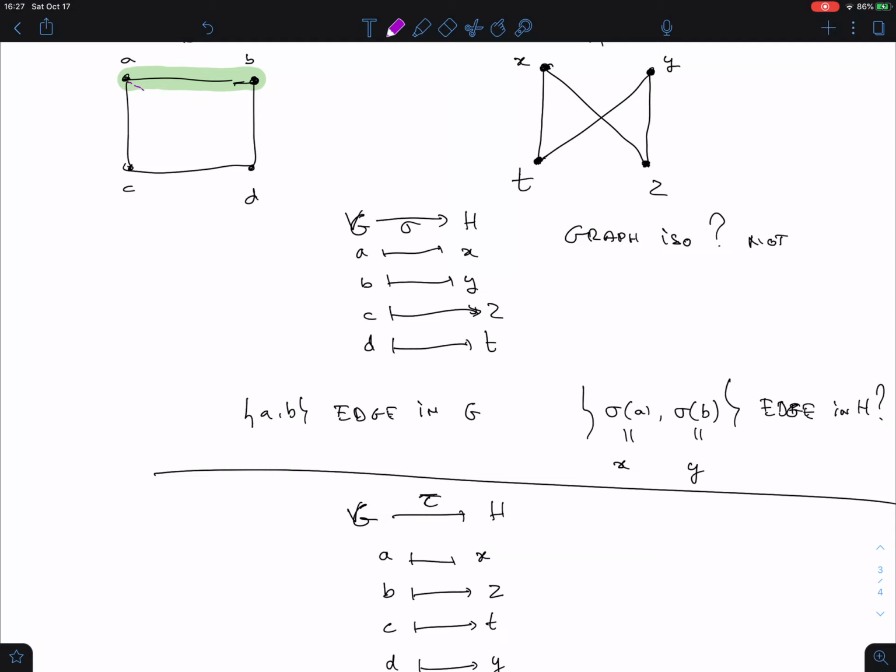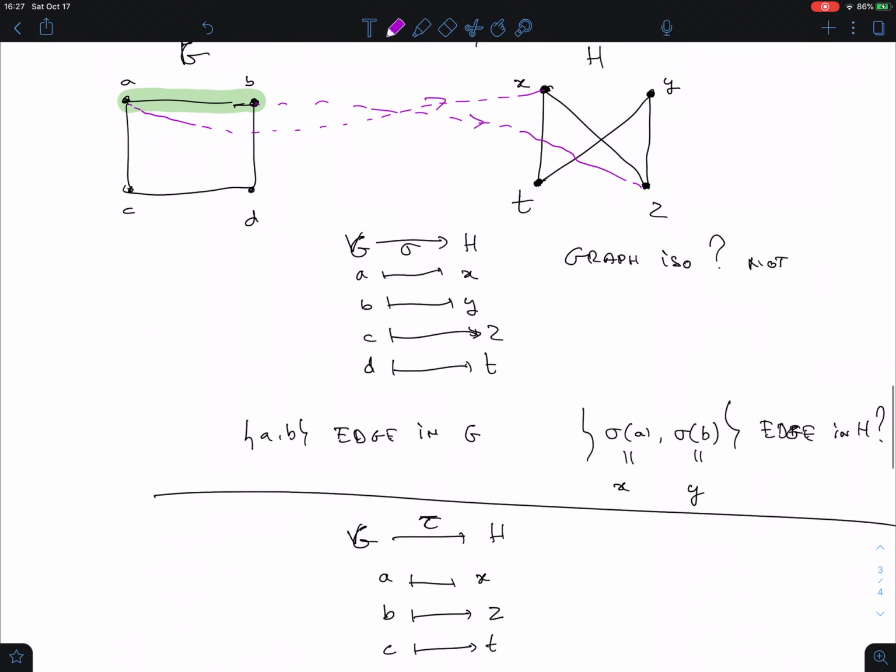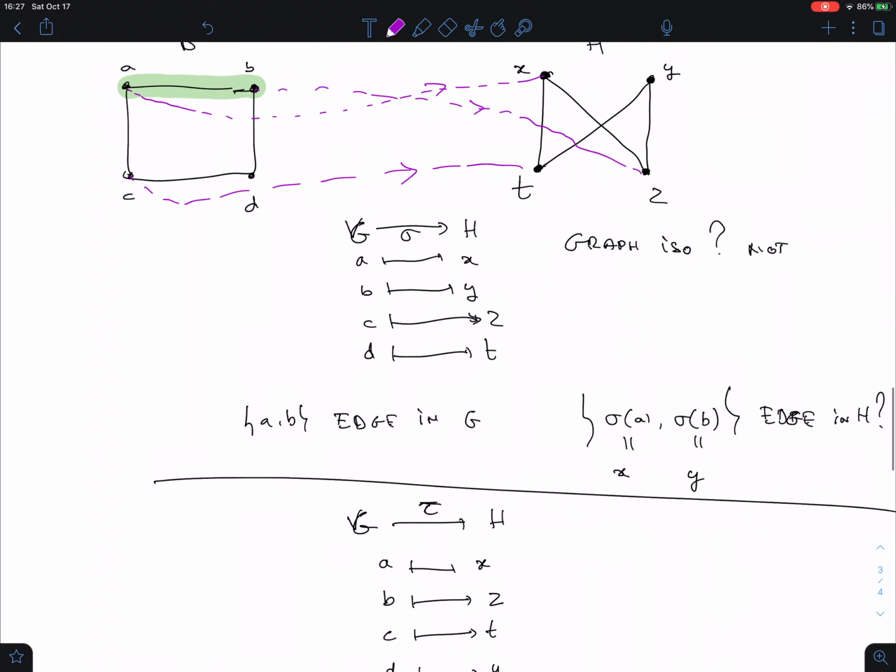So perhaps I should make it dotted, since it's not part of the graph. So A goes to X, and B goes to Z. I repeat, these arrows are not graph arrows. This is just another visual representation of my renaming. C goes to T, and D goes to Y.